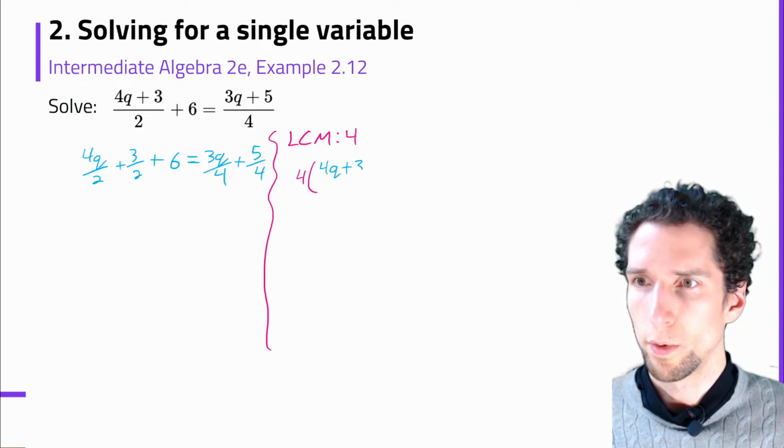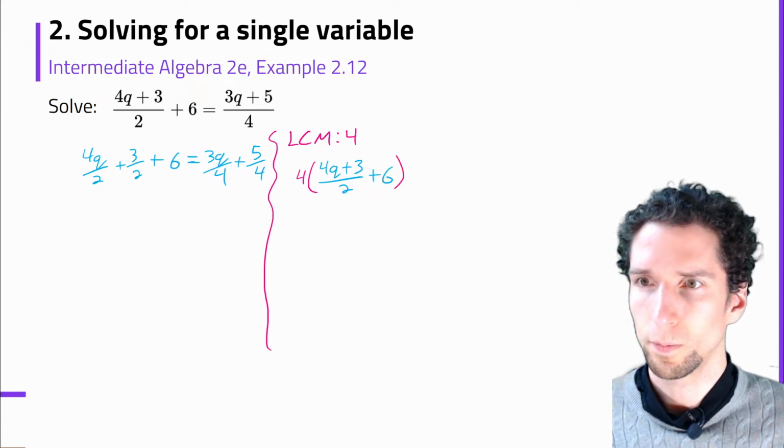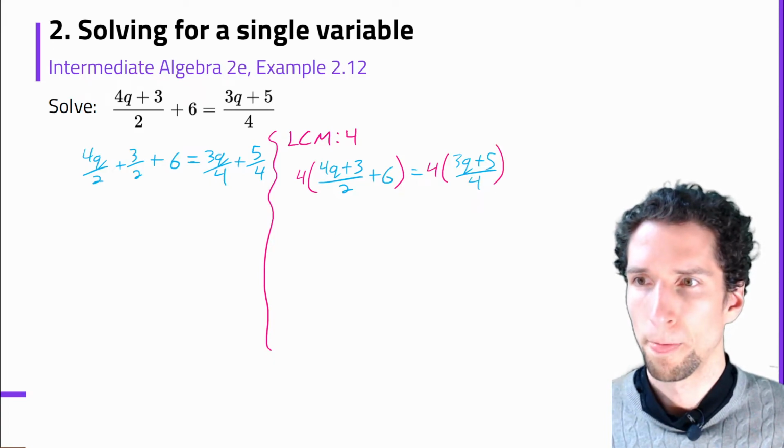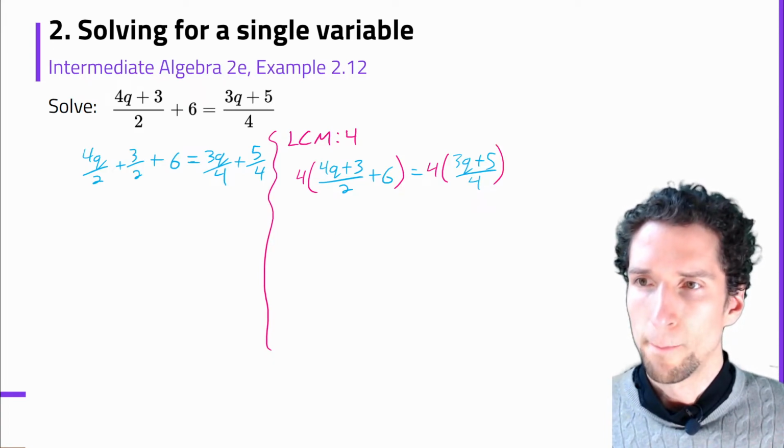4 times (q plus 3 over 2 plus 6) equals 4 times (3q plus 5 over 4). All right.